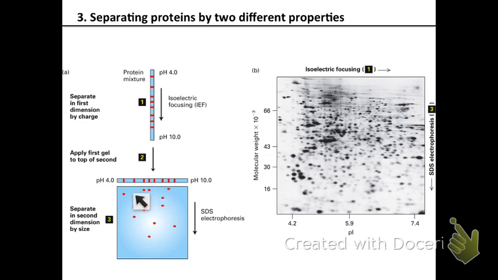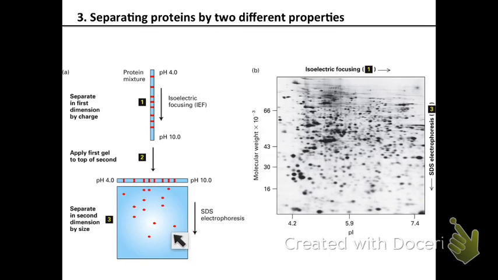The properties of this gel and the buffers that you run these proteins in within the electrical field allow you to separate them by size. That's essentially SDS electrophoresis. So if your protein is acidic and large, it's going to be stuck in the upper left corner of this second gel. If your protein is basic and small, it's going to run fast and be on the right-hand side of the gel. Does that make sense?